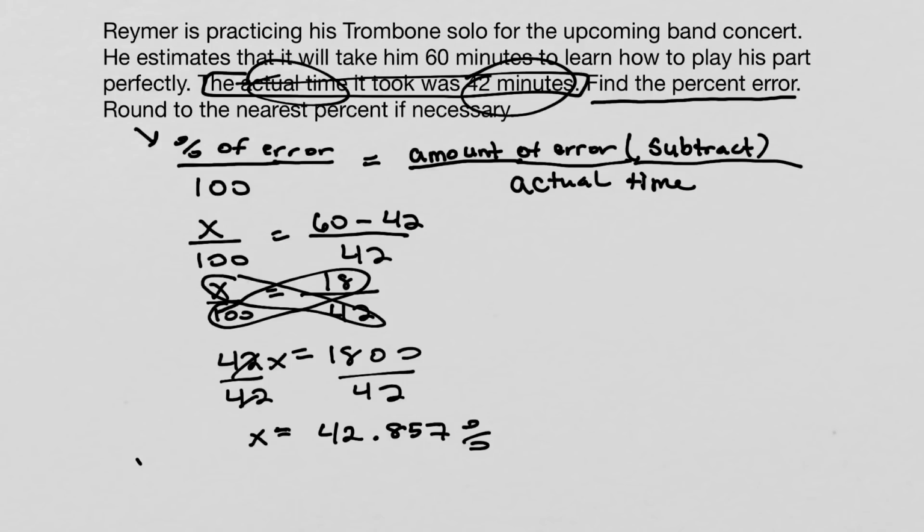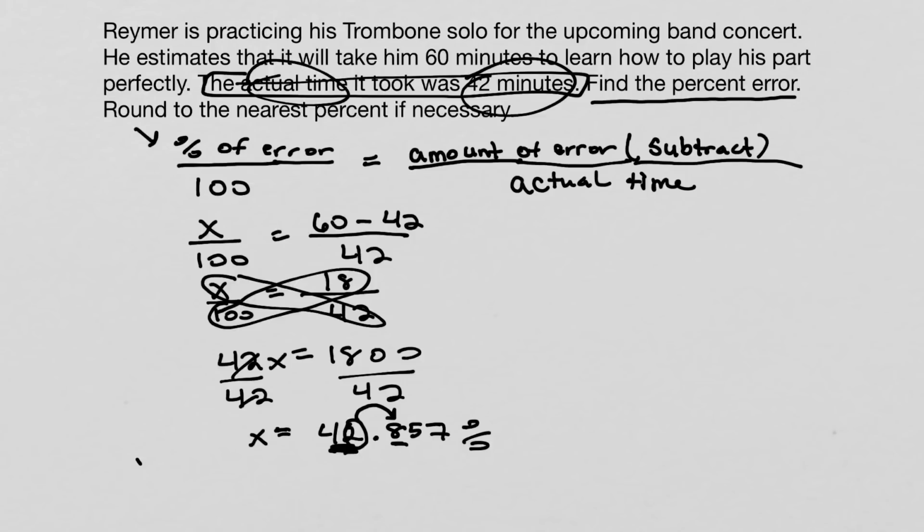But we want to round this percent to the nearest percent. What does that mean? That means we're going to round it to the nearest whole number. Is this closer to 42% or 43%? To determine that, we look at the tenths place.